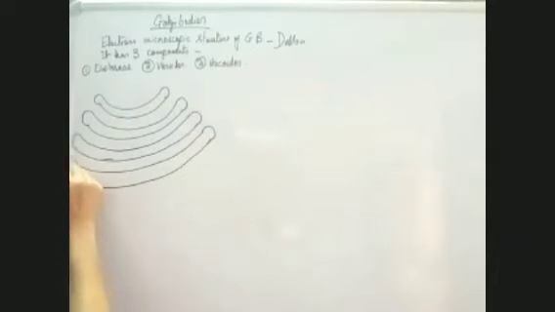Here there is no space, so I'm just making it like this. These are cisternae. Then we have vesicles and vacuoles.